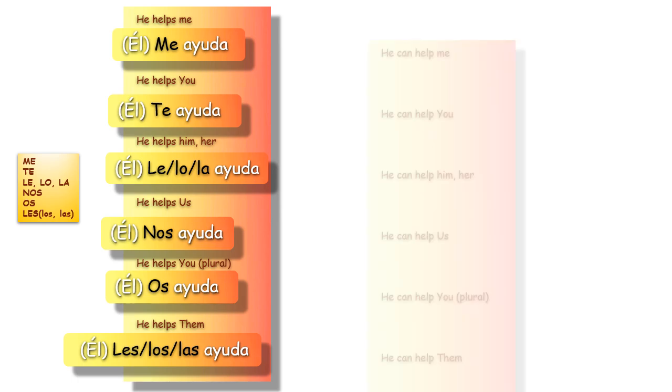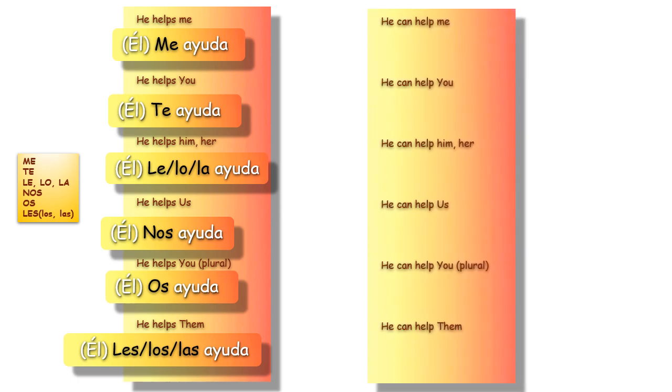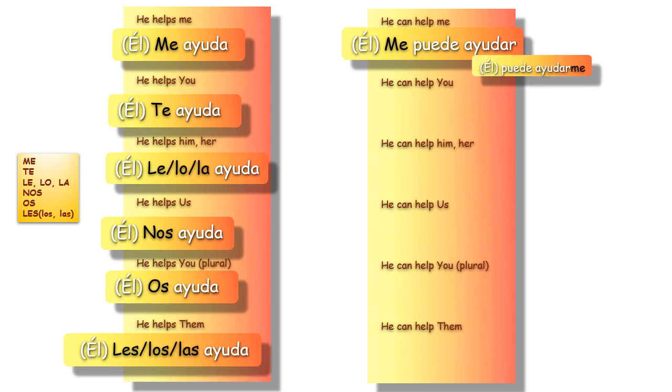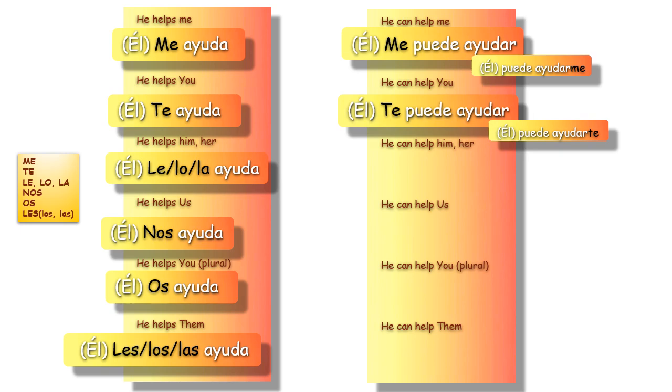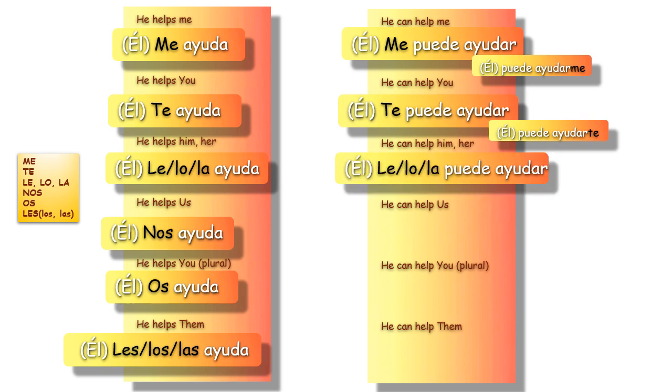However, if we have two verbs like he can help me, you can say me puede ayudar o puede ayudarme. He can help you, te puede ayudar o puede ayudarte. He can help him or help her, le puede ayudar o la puede ayudar o puede ayudarle o puede ayudarla. It depends.